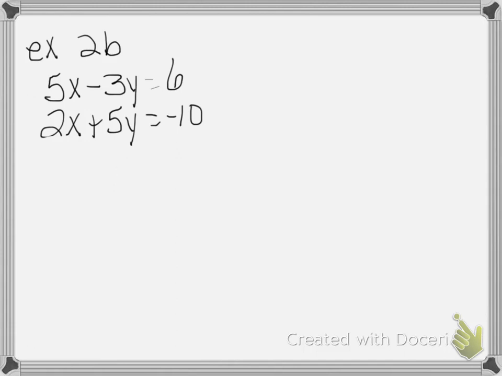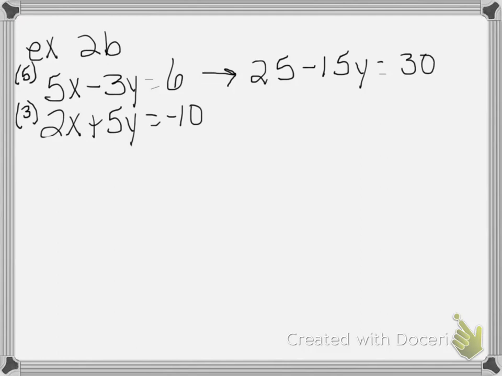So I only need to multiply the top equation by a positive 5 and the bottom equation by a 3 because they're already opposite signs. So 5 times 5 is 25x. 5 times a negative 3y is a negative 15y is equal to 30. 3 times 2 is 6x, plus 15y is equal to negative 30.